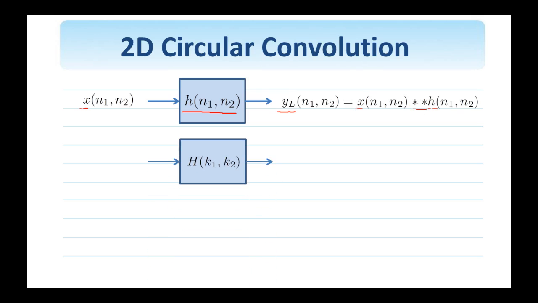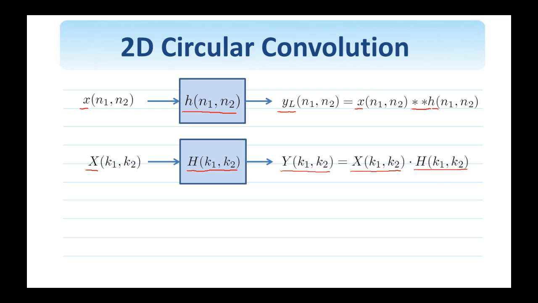I now find the DFT of the impulse response, that's the frequency response. I do the same for the input. I find the DFT of the input. And I form the output of this system by multiplying the corresponding DFTs. So Y of k1, k2, the DFT of the output, equals the DFT of the input times the DFT of the impulse response of the system.